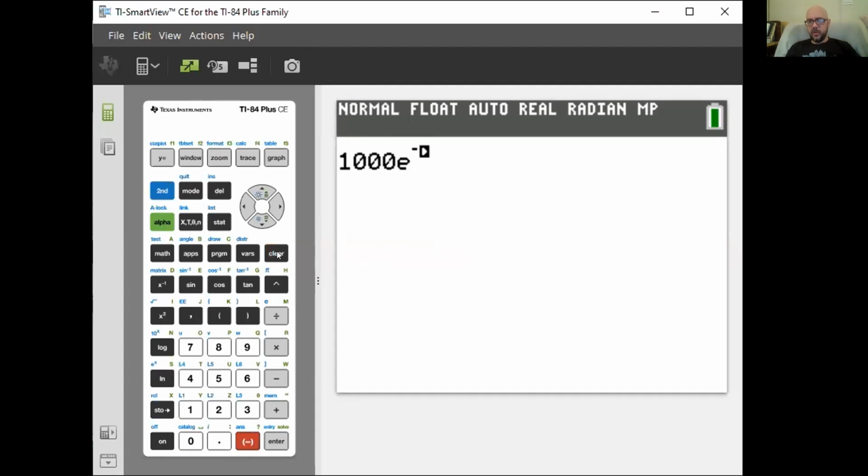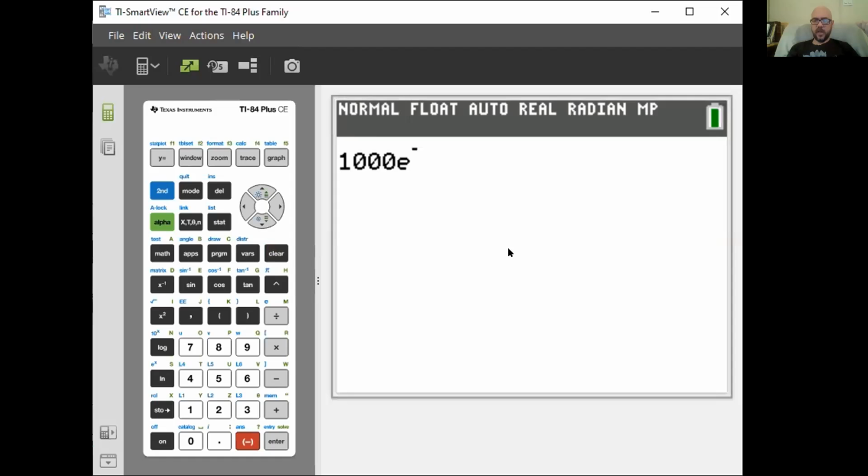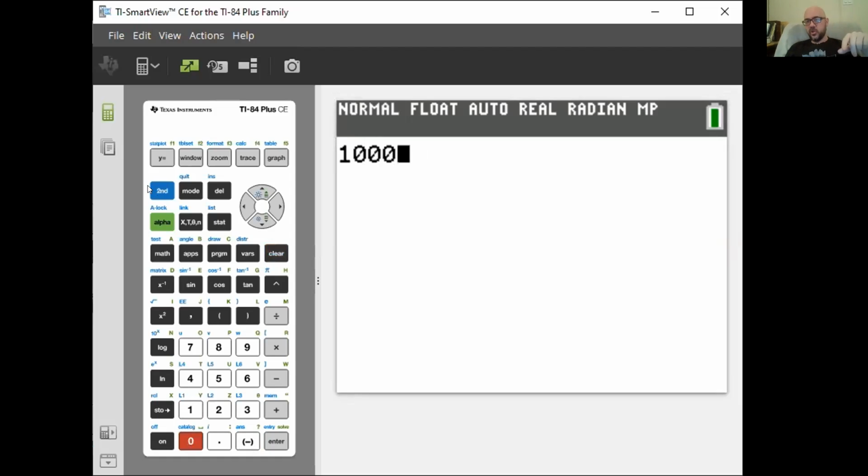If I want to hit clear, the keyboard shortcut for clear is backspace. Notice my mouse moves over here. I'm just going to hit backspace and it will get rid of everything, right? And if I want to do 1000 e to the power of negative, let me type it again. 1000 e. Now the shortcut for the second key is F6.